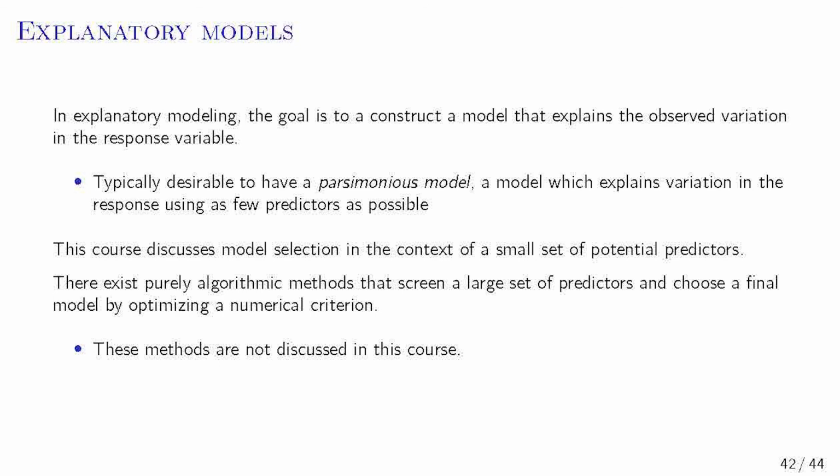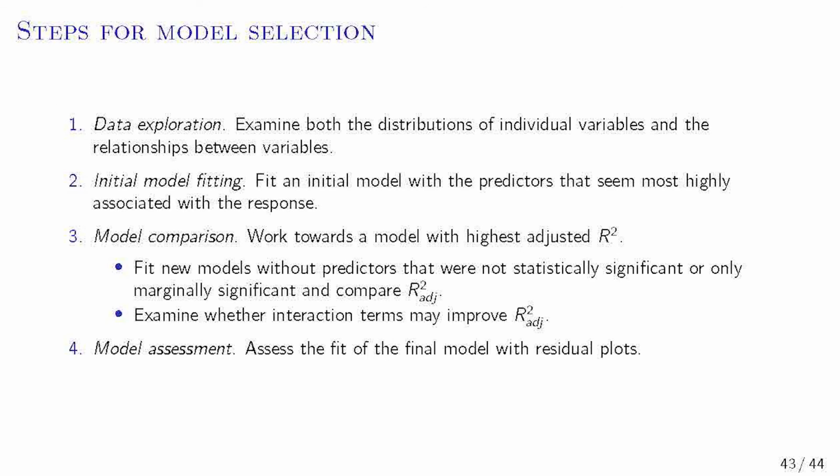You want to include all of the things that you think matter, but as few as you can. And maybe the chasing R square thing is just in economics. Maybe we're the only ones that don't let you do that.